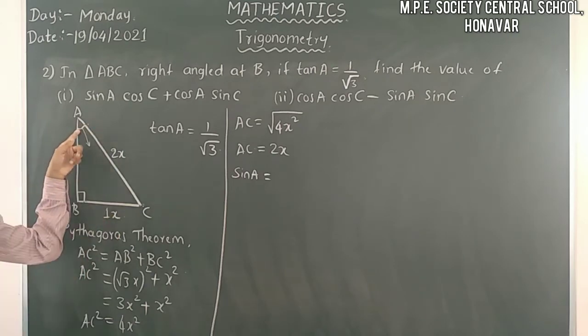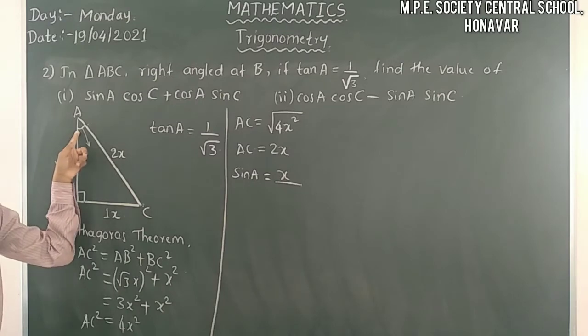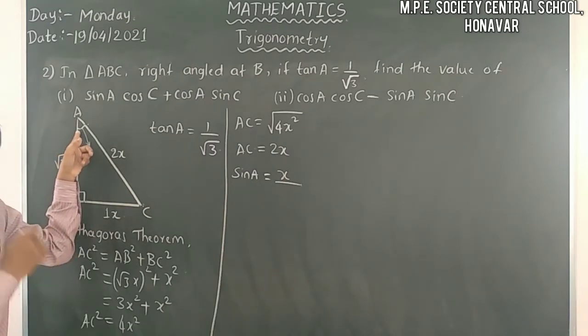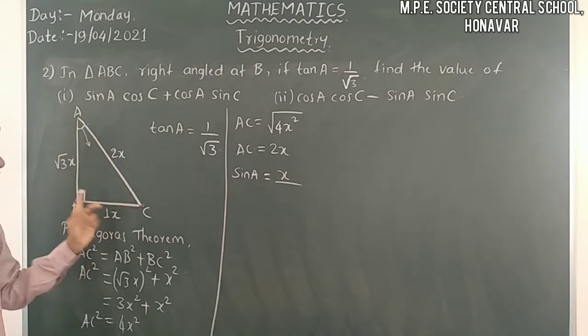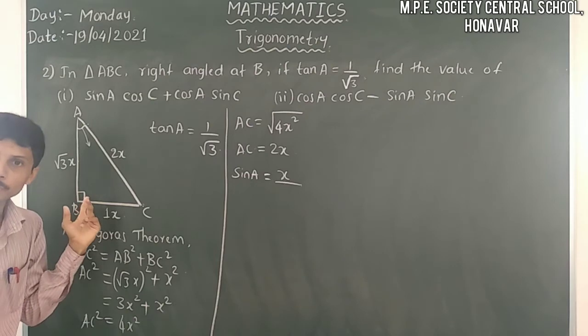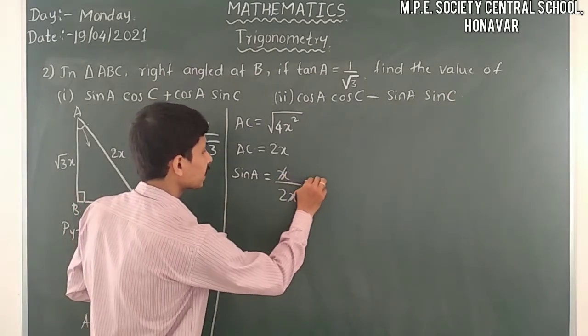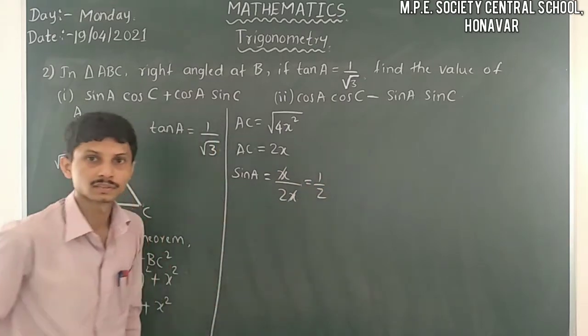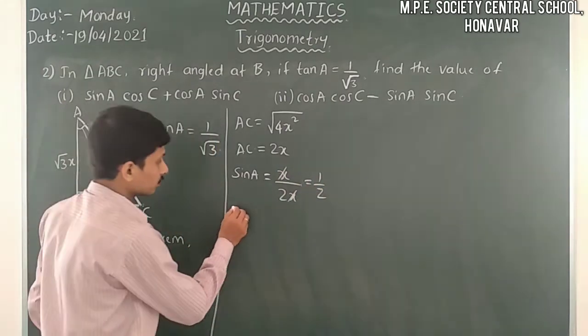So x is the opposite side, and the hypotenuse is 2x, that is the longest side, the side opposite to the right angle. So x cancels, and 1 by 2 remains.